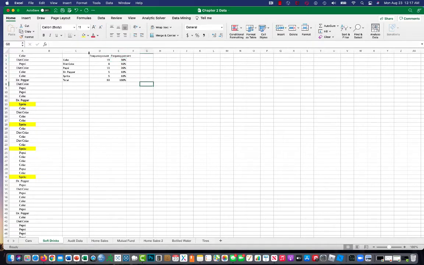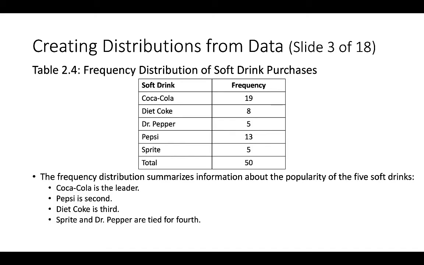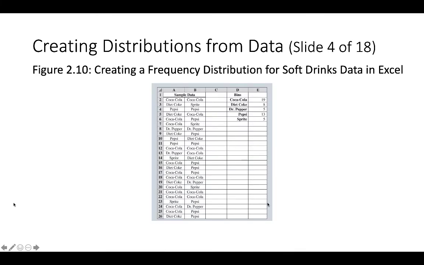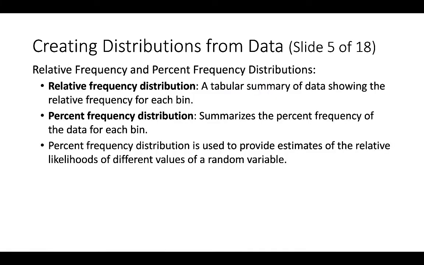Okay, so that is frequency count and frequency percent. Going back to our slide deck, we can see the same results, how to create them using Excel, and the relative frequency distribution in percentage.